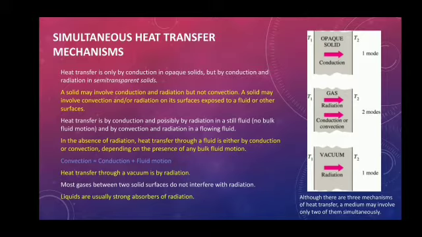Most gases between two solid surfaces do not interfere with radiation, while liquids are usually strong absorbers of radiation. As we can see in the picture, although there are three mechanisms of heat transfer, a medium may involve only two of them simultaneously.